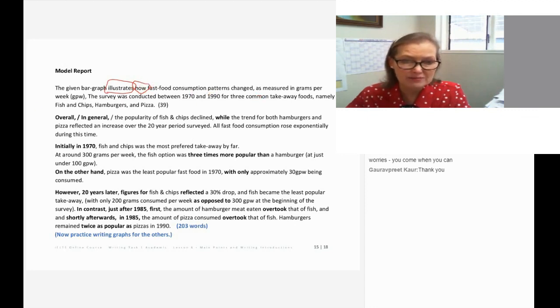While, and there I'm using my linker, we started looking at how to link our ideas in lesson 3, the trend for both hamburgers and pizza, because remember we mentioned that they were a similar trend, reflected is also a useful word, an increase over the 20-year period surveyed.